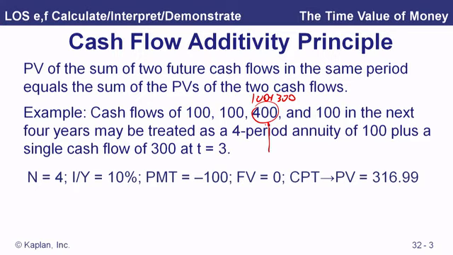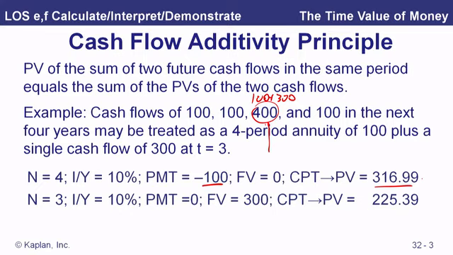So here's the annuity, the $100 payments. So we can calculate that, and then we've got an extra $300. And that extra $300 comes at time 3, so we calculate the present value of that as well at $225.39.